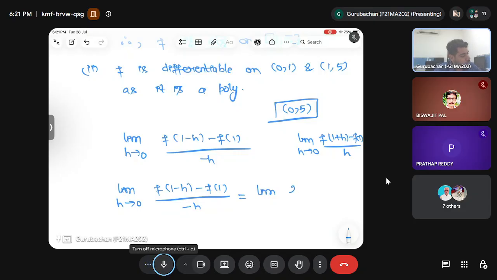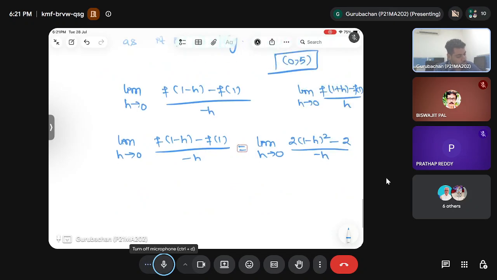So this will be 2 into 1 minus h square minus 2, divided by minus h. This will give us limit h tends to 0 of 2 plus 2h square minus 4h minus 2 divided by minus h.